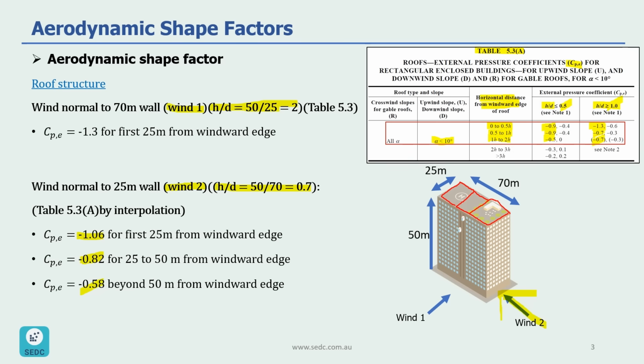But as explained in the previous slide, if the wind blows in this way as well, which we always have, then we will have the maximum value in here, and then we have the same 0.82 in here, and then we have a smaller value in here. So we need to always be careful because we have the wind blowing in two directions.